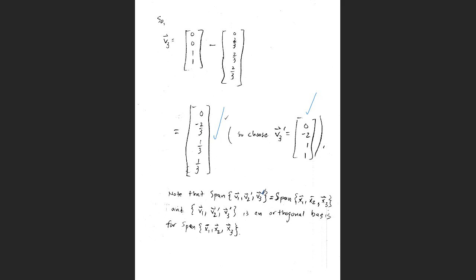Sometimes it's hard to get this stuff. Okay, so the span of V1, V2 prime, and V3 prime is equivalent to the span of our original three vectors. You see, we have to preserve the subspace, and we did.